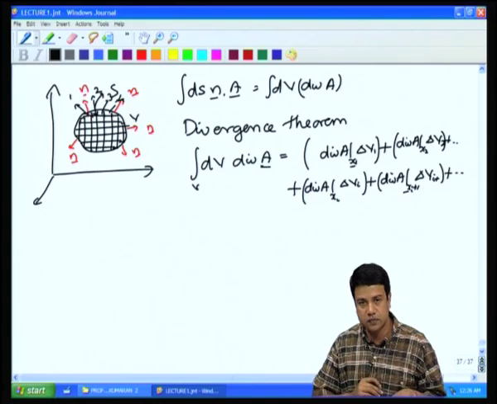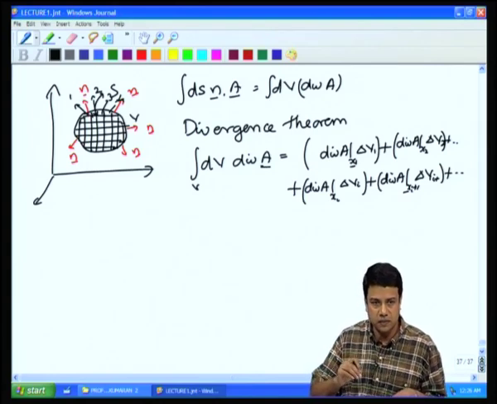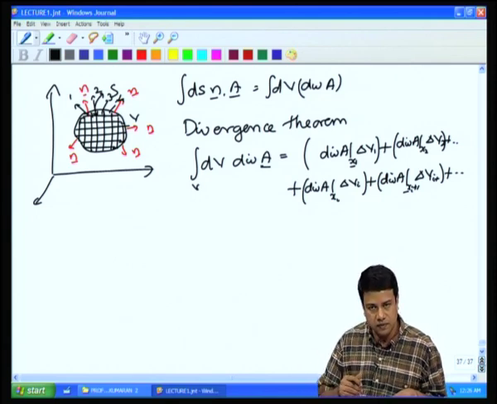So, I divide this into small differential volumes and I take the divergence of A at that location times the volume itself and I sum it over all of those volumes.